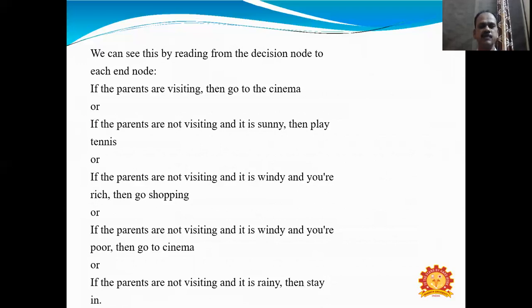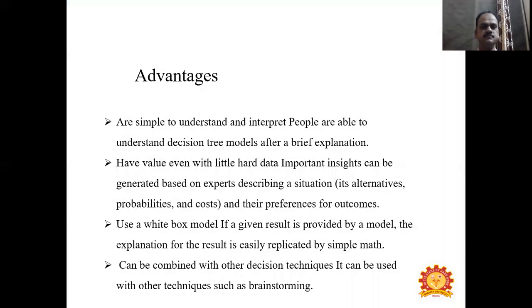So here, given various conditions for making the decision tree. So next, let us see what are the advantages of decision tree. They are simple to understand and interpret.